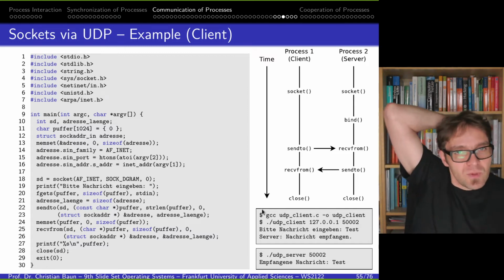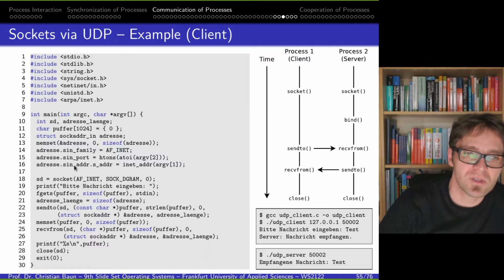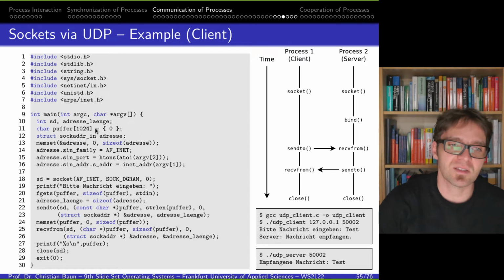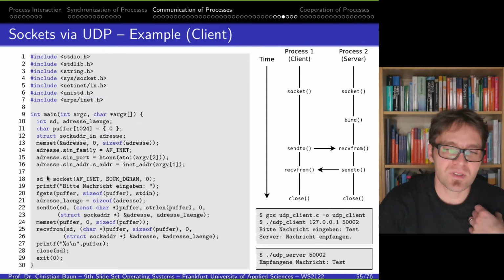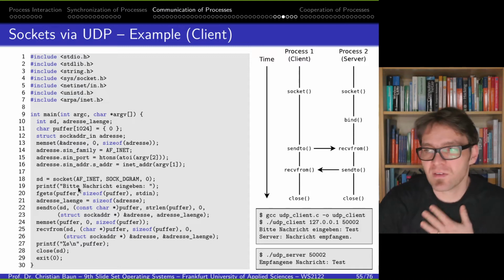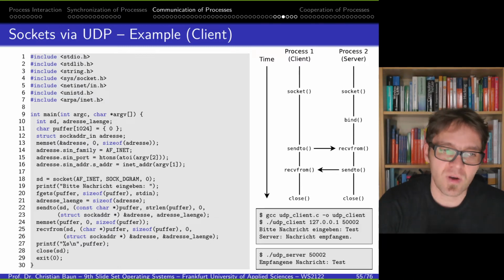So, and here we have the client source code. The client source code has some strong similarities to the server code, because the very beginning here is equal. We create a socket in line 18 with the function call socket. We expect the user to type a message on the command line.